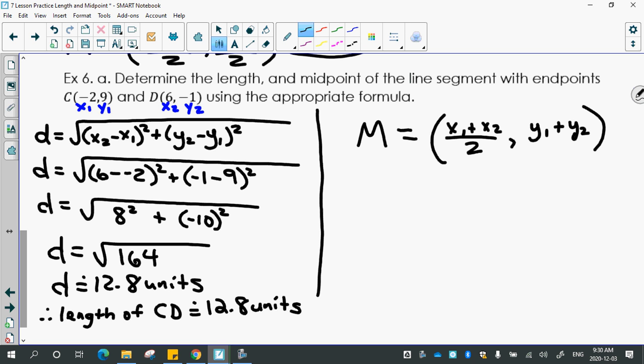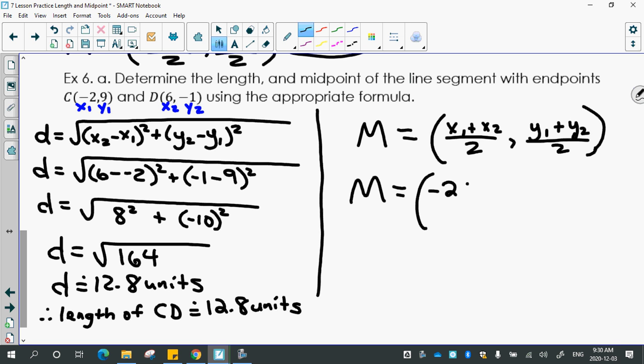That's what I find hard for people using the midpoint formula, is it's weird to have a comma in the formula and people forget it. And they forget the parentheses as well. So make sure you remember this is for a point, that's why there's parentheses. And there's a comma, because there's an x value and a y value that makes up a point. Okay? So that's why the parentheses are there and the comma.